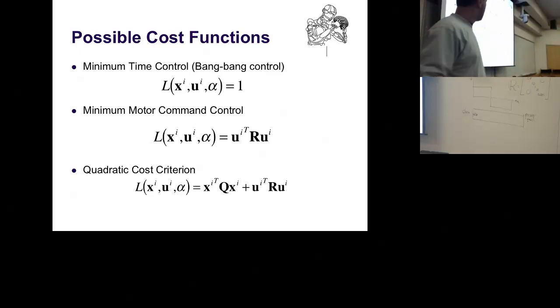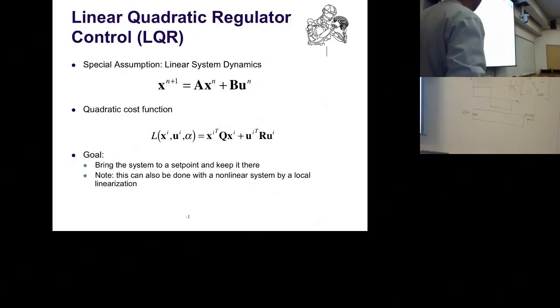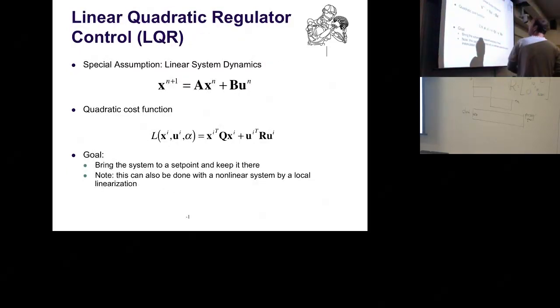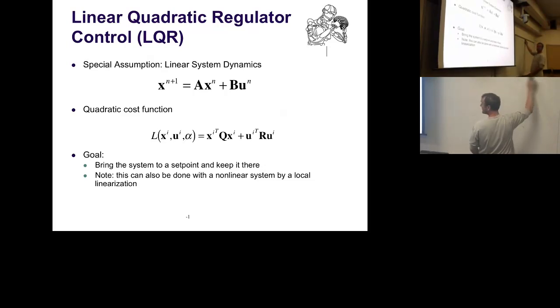So let me go into something which is really pretty, and that is essentially linear quadratic regulator control, which is a special case of optimal control, but this special case we do understand really well, and it works really well.